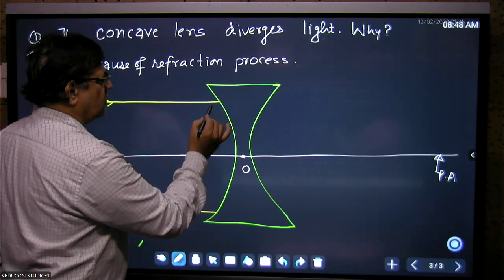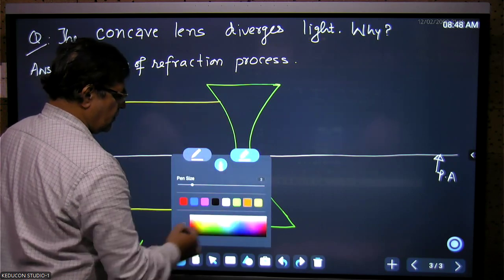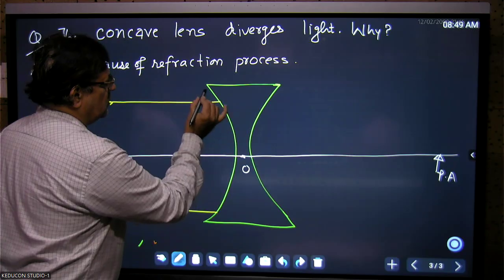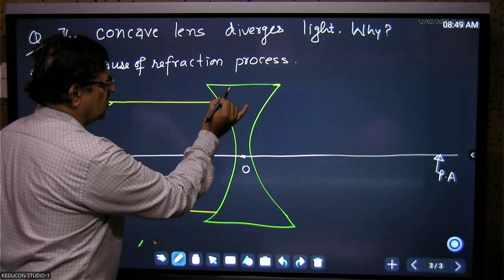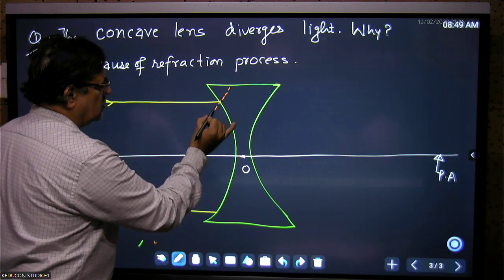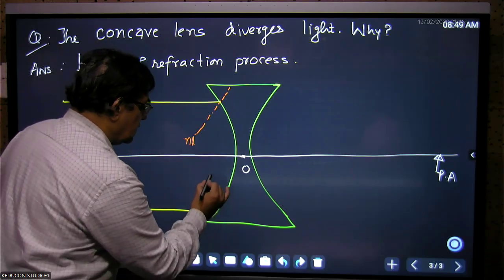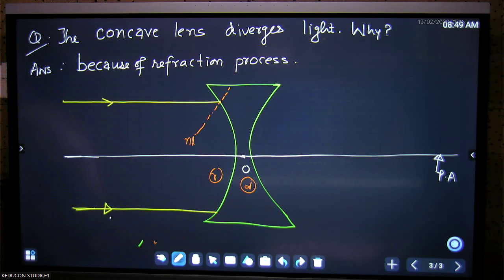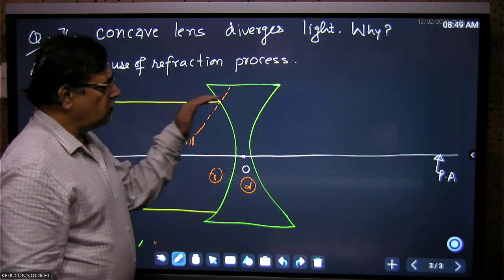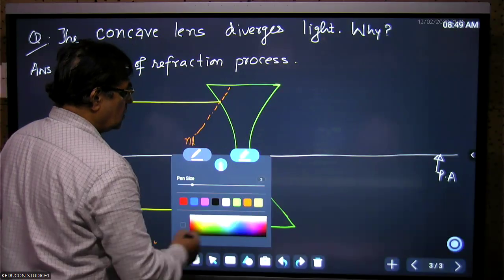So here what happens? Let me tell you. Look here. First of all, the normal to the green line is shown by the dotted straight line. Light is entering from rarer medium to denser. What should be done? It will bend towards the normal.